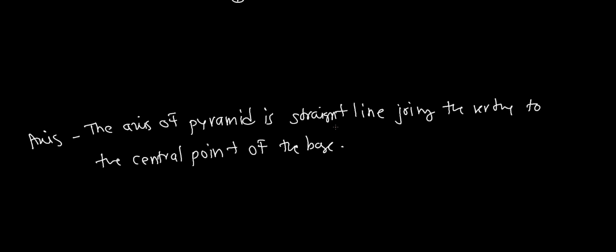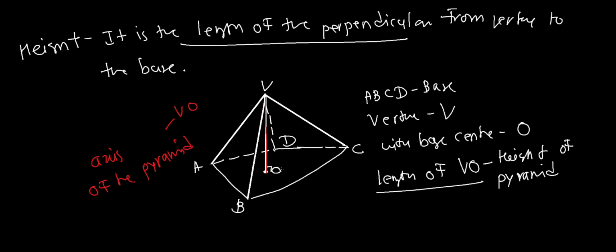Axis of the pyramid: the straight line joining the vertex to the central point of the base. So the vertex is V and the central point of the base is O. So VO is the line segment. It is the axis and its length is the height of the pyramid. In our case, the axis and the perpendicular we drew are one and the same.